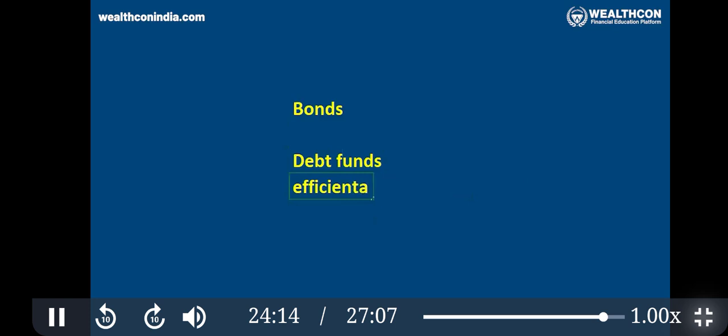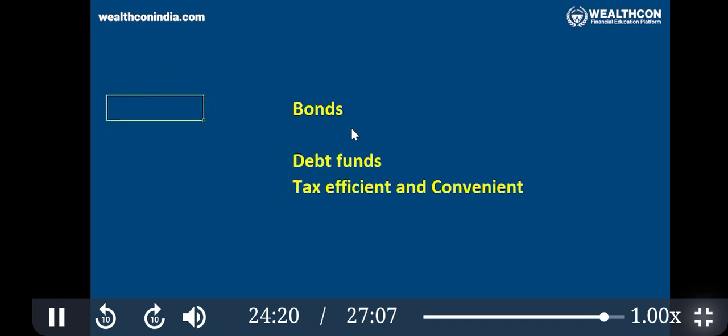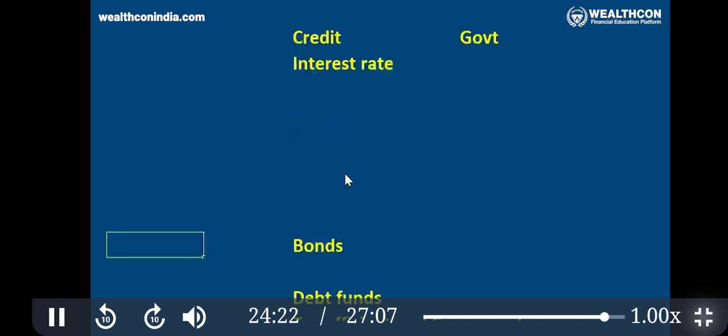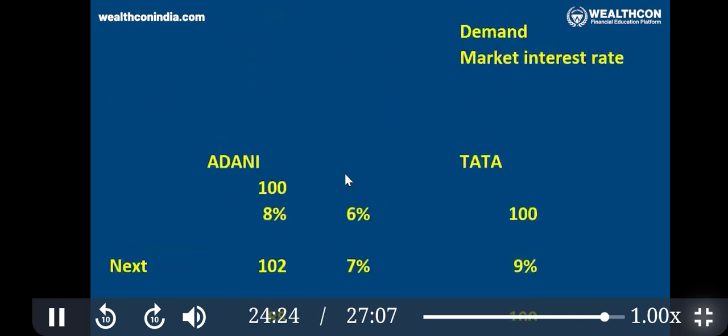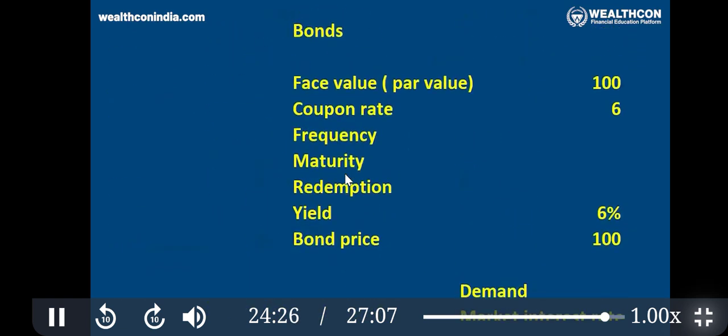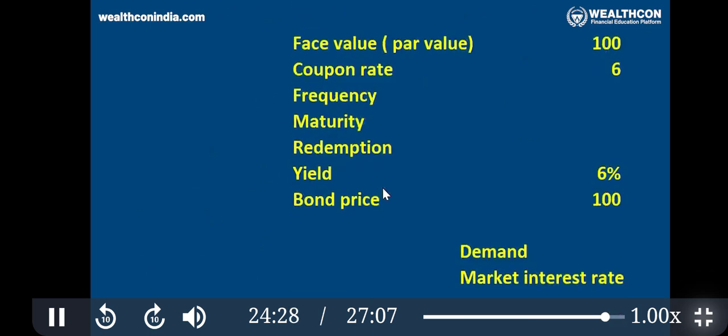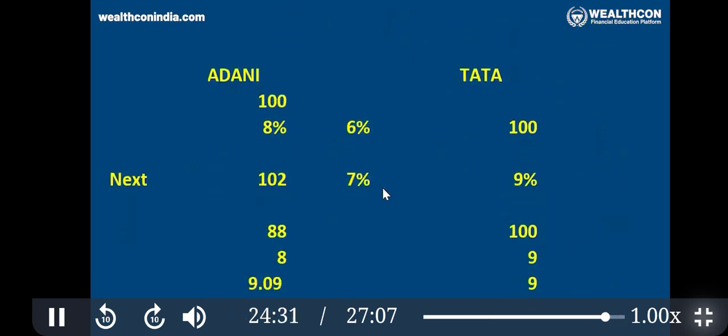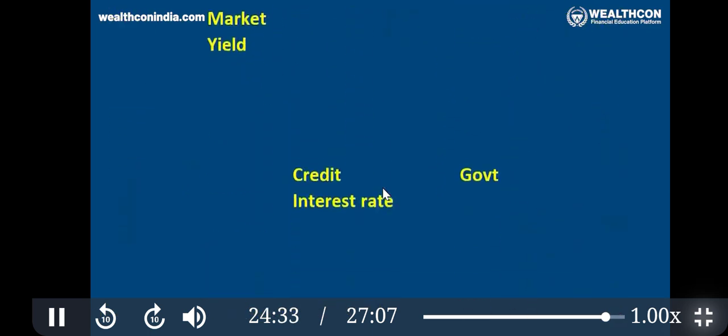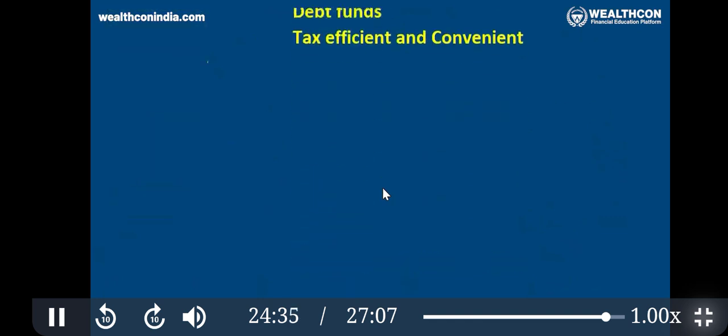But for basic understanding, I recommend you read about bonds: face value, frequency, maturity, redemption price, yield, bond price, coupon rate, and the relationship between bond price and interest rate.